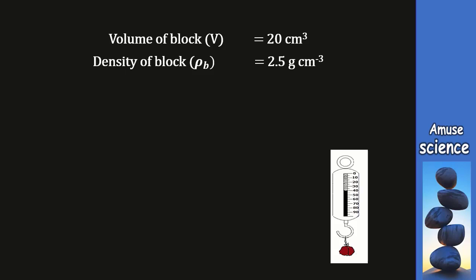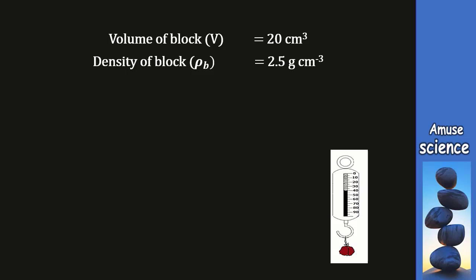This gives us the idea that the weight of the block in air is being measured by the spring balance. Then it is immersed in water with half of its volume in it. We know from Archimedes' principle that when a body is immersed in a liquid, it will experience an upthrust, and the upthrust will result in the reduction of the weight of the object.